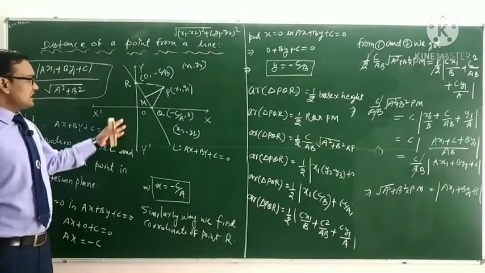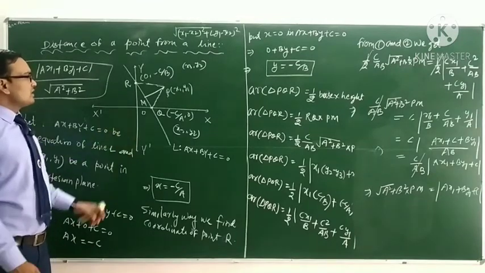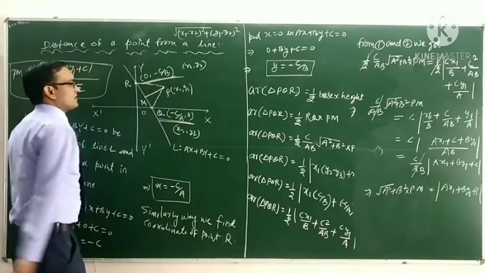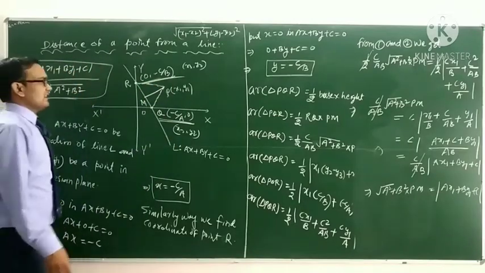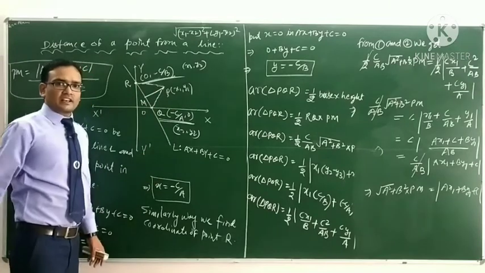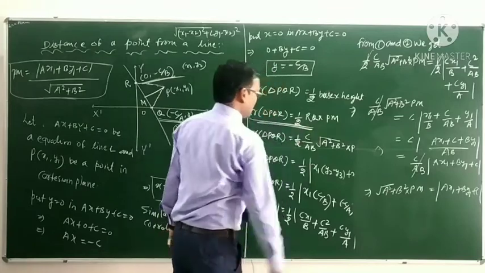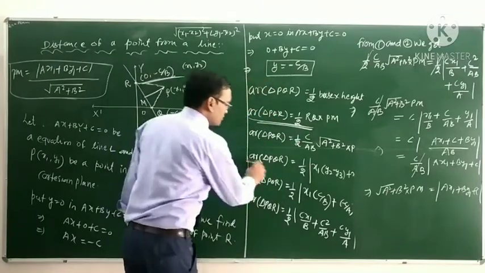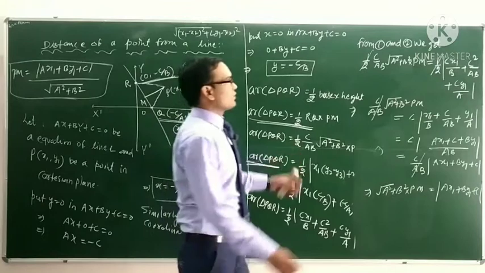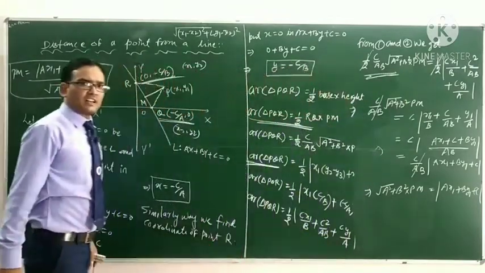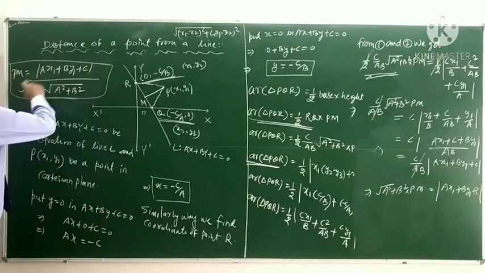Okay students, in this way we find the coordinate of point Q and coordinate of point R, and then find the area of the triangle PQR by using this formula, and area of the triangle by using this formula. Both are equal. Then further we find the value of PM.